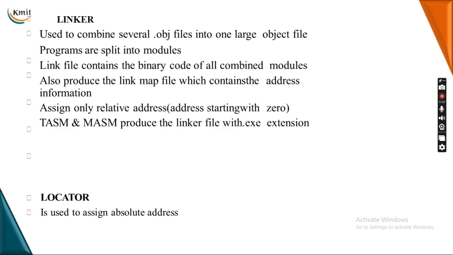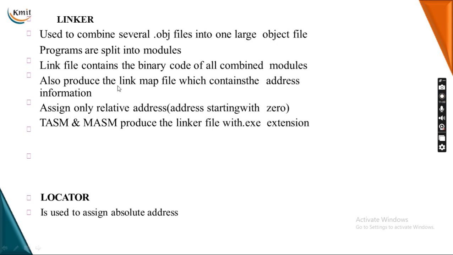Third one is the linker. What the assembler does is create an object file, an .obj file. So the linker will link all the object files into one large object file. It is used to combine several .obj files into one large .obj file. Programs are split into modules. The link file contains the binary code of all combined modules.